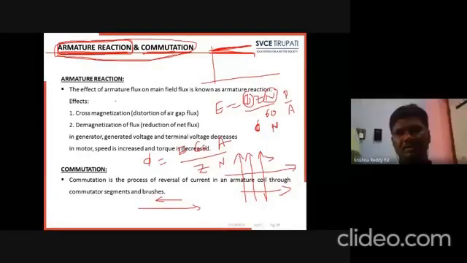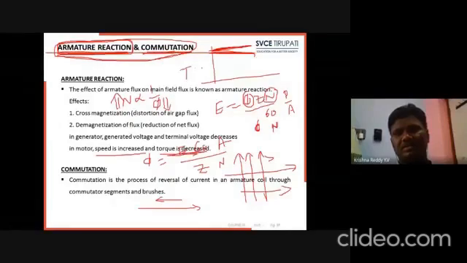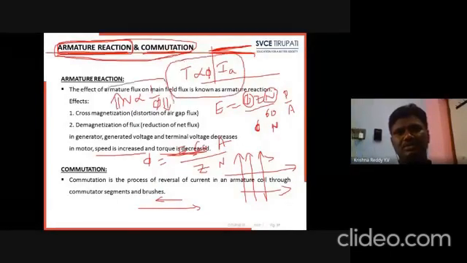Speed is inversely proportional to flux, which means as the flux decreases, speed increases. In case of motor, speed is increased and torque is reduced, where the torque is directly proportional to flux and armature current. In the motor unit, we can discuss these two relations. As the flux decreases, torque is reduced.